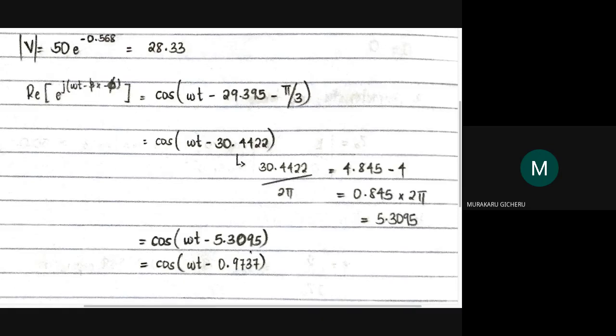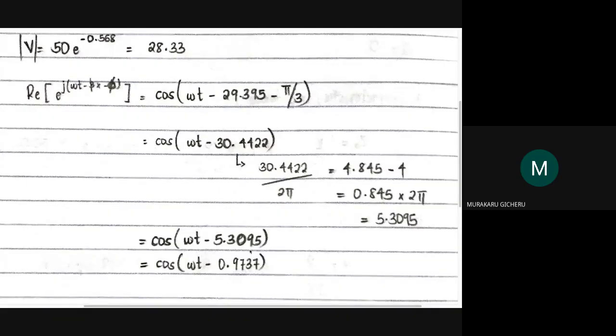Now let's say I was running the lap clockwise, and I ran up to the point 5.3095.